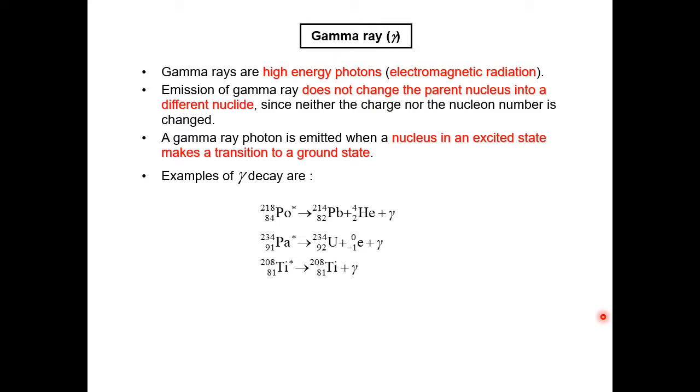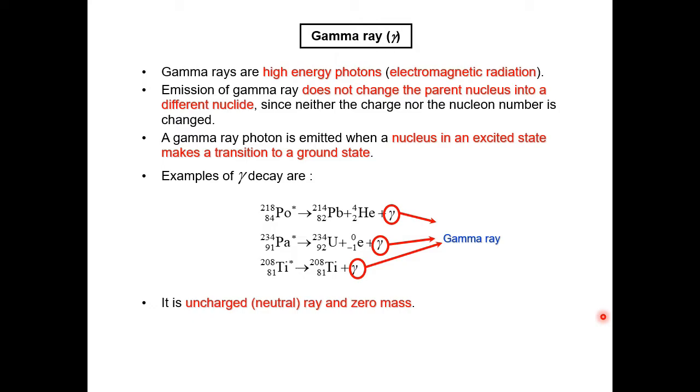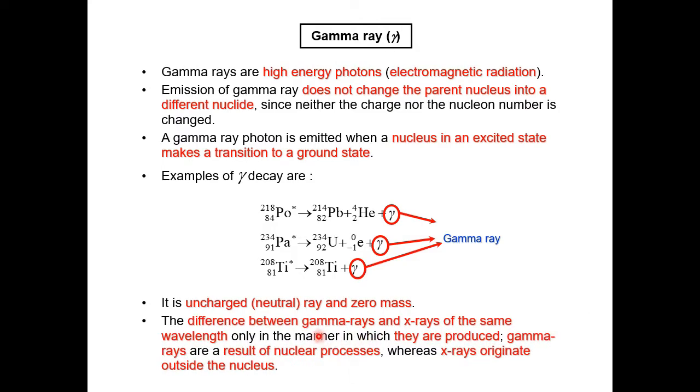And we have tritium, which produces tritium and gamma. So this is gamma ray, an uncharged neutral ray, and it has zero mass.